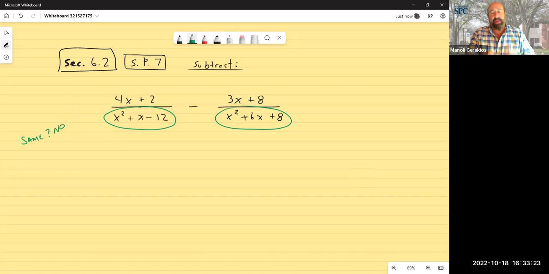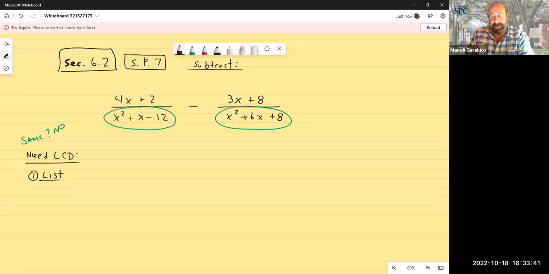As soon as we identify different denominators, we have to create, find, calculate an LCD. We need an LCD to proceed. Okay, least common denominator. We have 4 steps to finding the least common denominator.